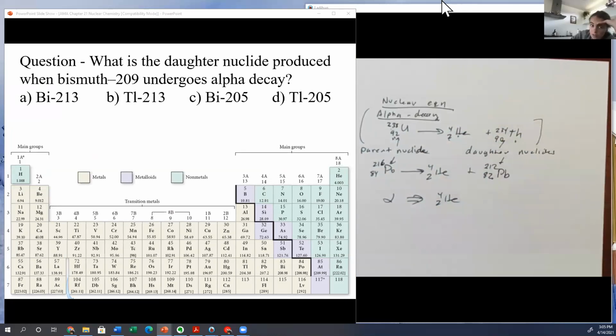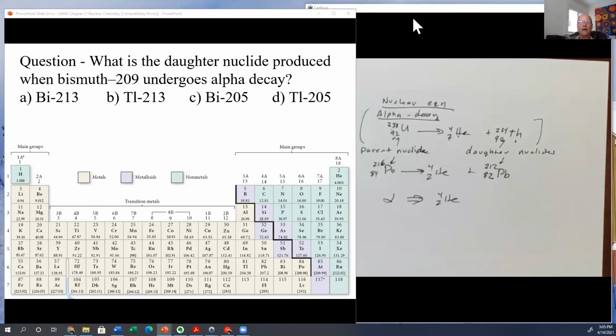Are these processes spontaneous? Great question. In the case of uranium-238, yes. So you might ask, why is there uranium-238 around if it's decaying? We'll get to that a little bit later, but the kinetics of the decay are very slow.